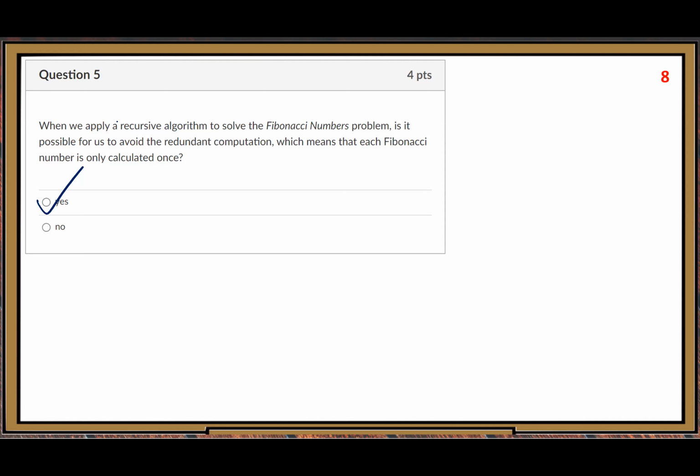Remember, there is one method, a recursion with a lot of redundancy.